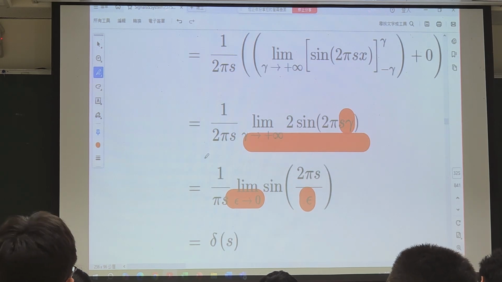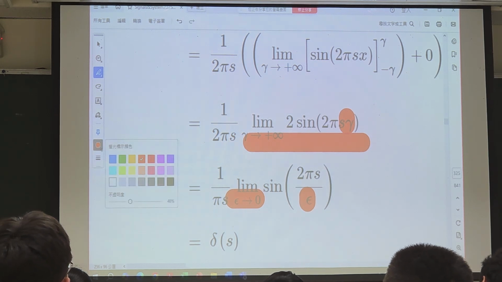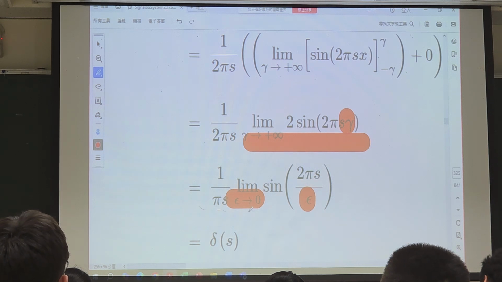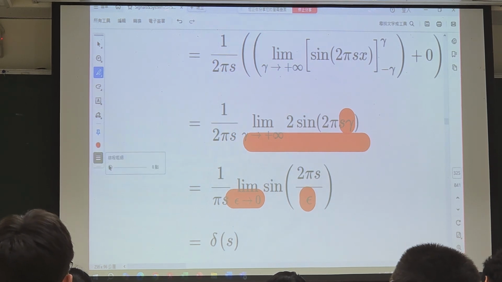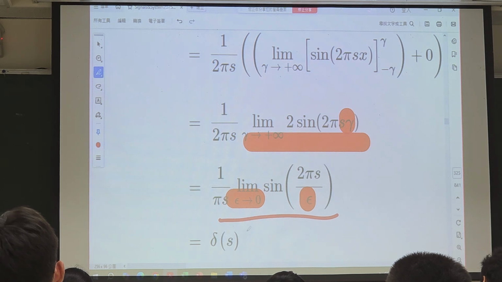And then there's this expression. This expression here eventually equals the delta function we define.